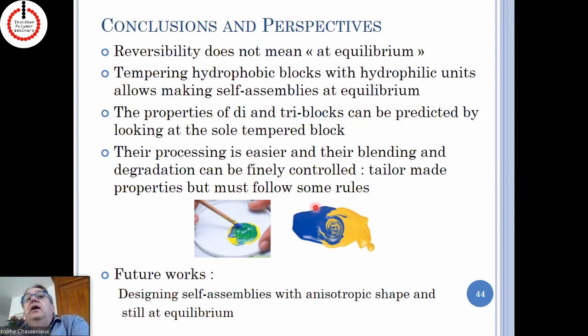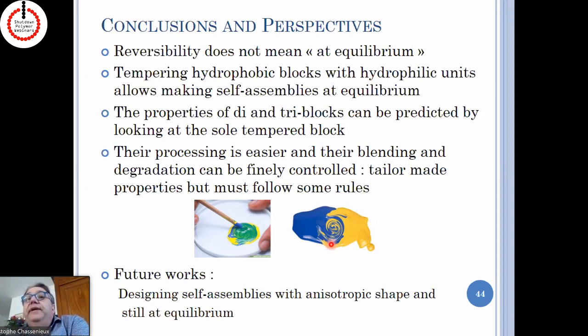It's then possible to achieve their blending in a much easier way. You can also control the degradation of the hydrogel that you can form with them, but you have to follow some rules because sometimes when you mix blue and yellow, instead of having green, you can have these things where you have no mixing, which is possible.